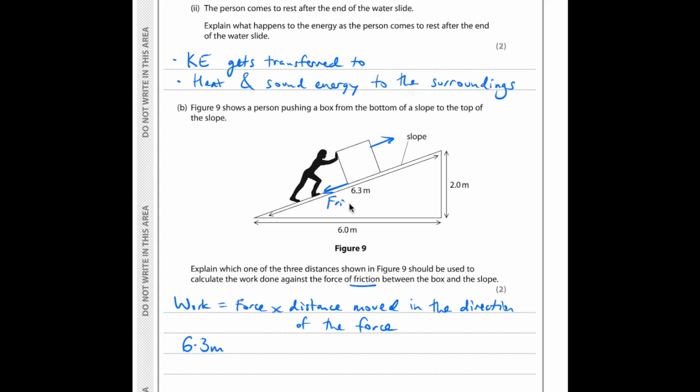And I'm going to label that force friction. So I should get 1 mark for saying friction, I'll get 1 mark for saying the formula, and I'll get 1 mark for saying the actual distance. So I should definitely get the 2 marks.